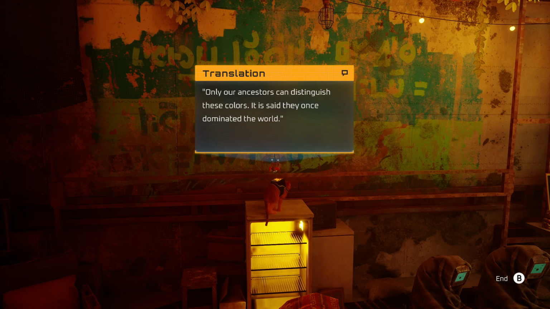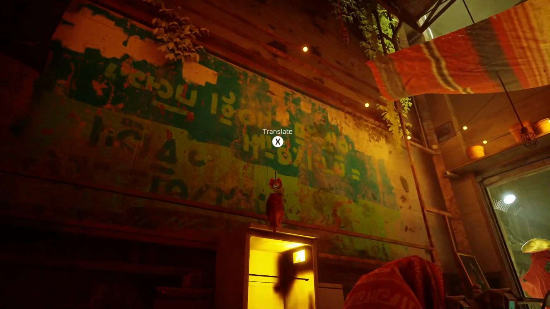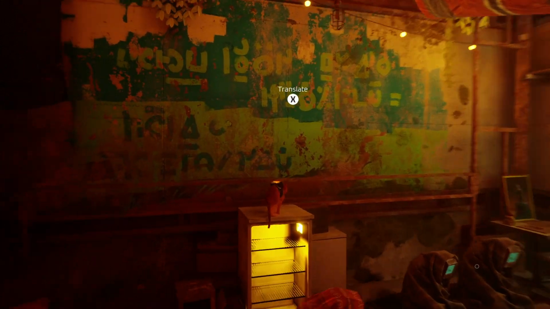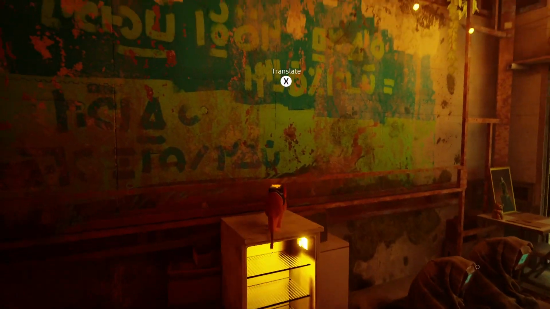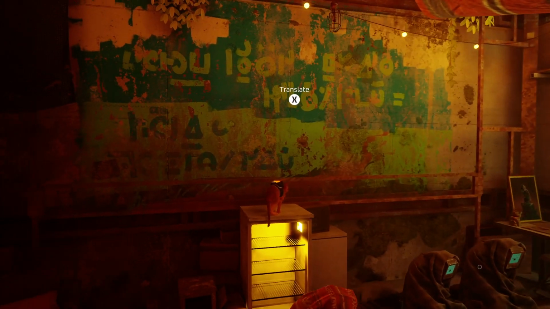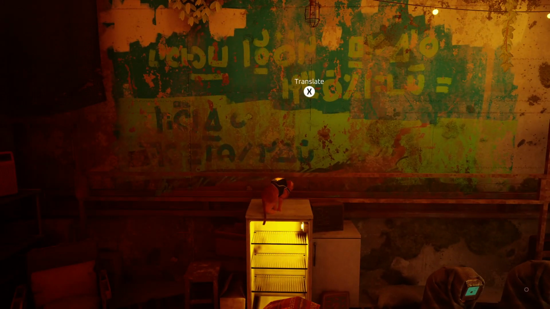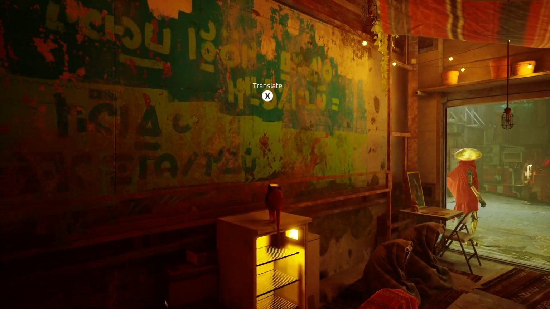Our ancestors can distinguish these colors. It is said they once dominated the world. Okay. So I'm not really sure what that means. Maybe that the robots can't tell the light green from the dark green for some reason. I don't know. It's kind of hard to tell through all the grime anyway.